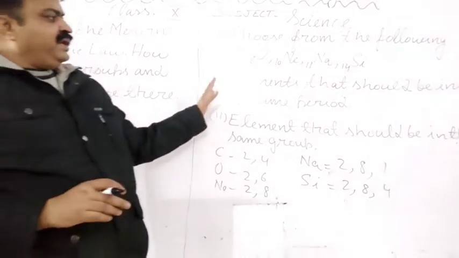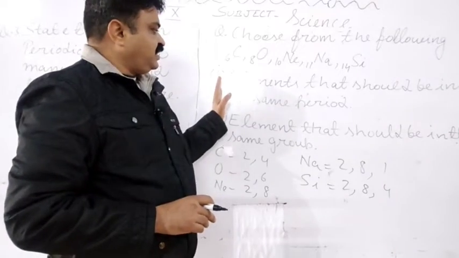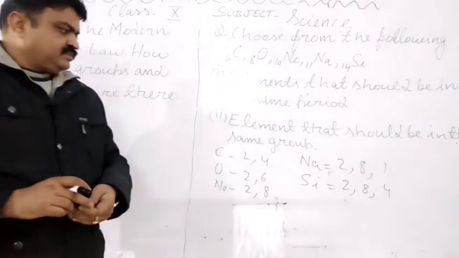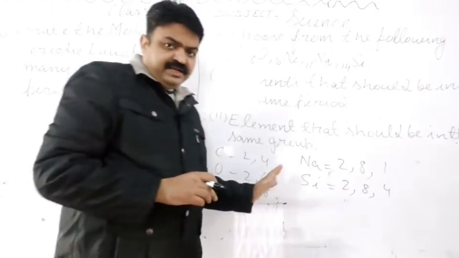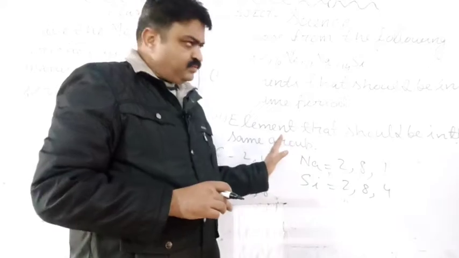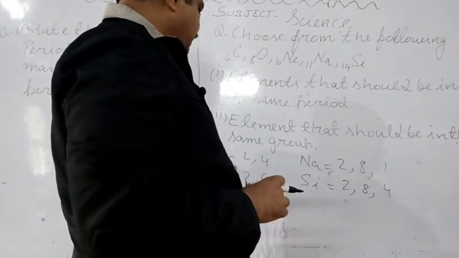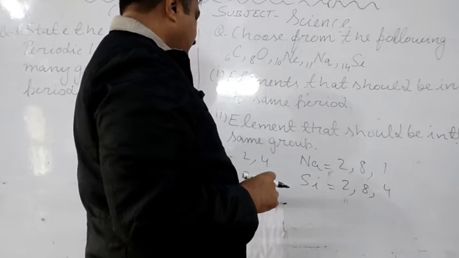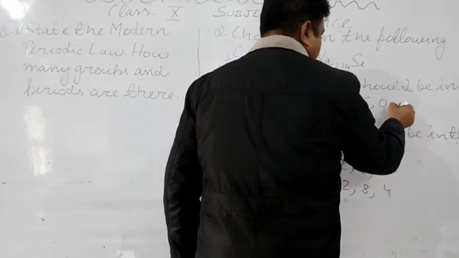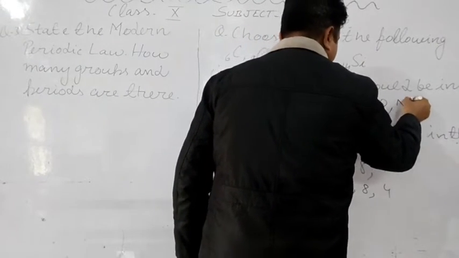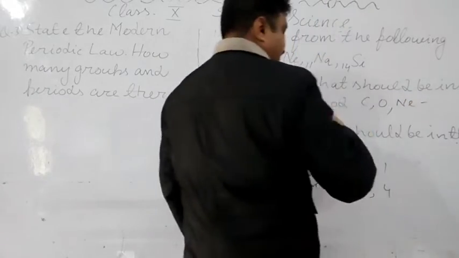which elements should be in the same period. So which elements are in the same period, students? Carbon, oxygen and neon are in the same period.